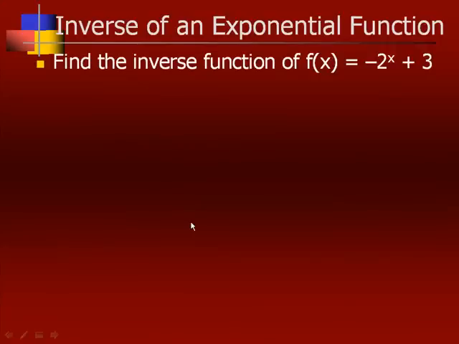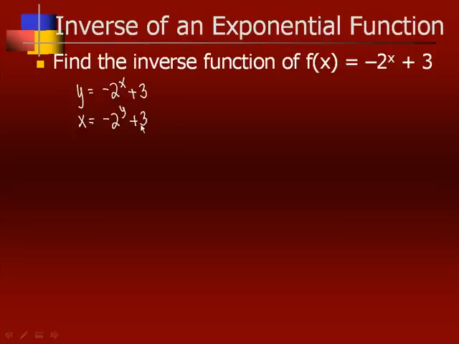Now, let's find the inverse of the function f of x equals negative 2 to the x plus 3. Well, remember you replace f of x with y, so y equals negative 2 to the x plus 3. Now we switch x and y, so x equals negative 2 to the y plus 3.